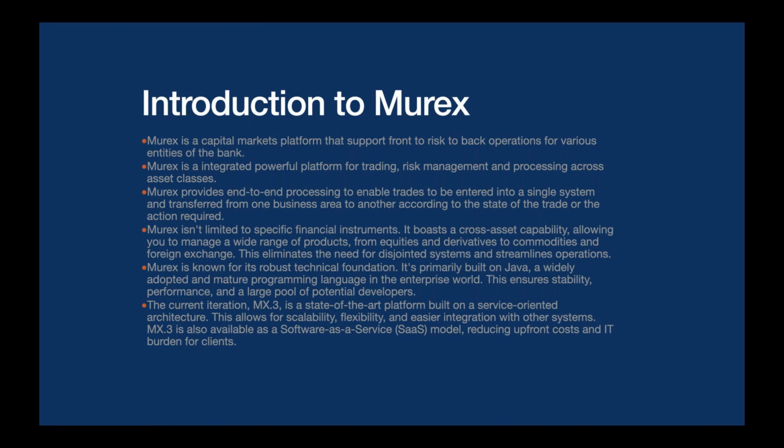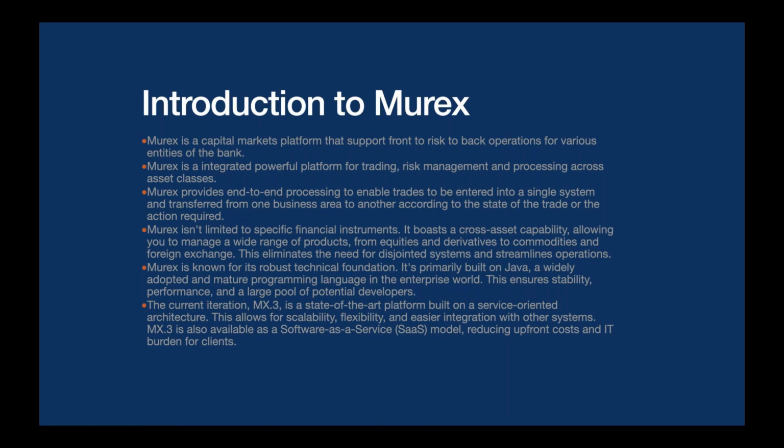When we talk about Murex as an application in today's era, there are some banks, primarily European banks, like Rabobank, and definitely you would have heard of Royal Bank of Scotland, and a couple of other examples, which use Murex as front to back to risk.